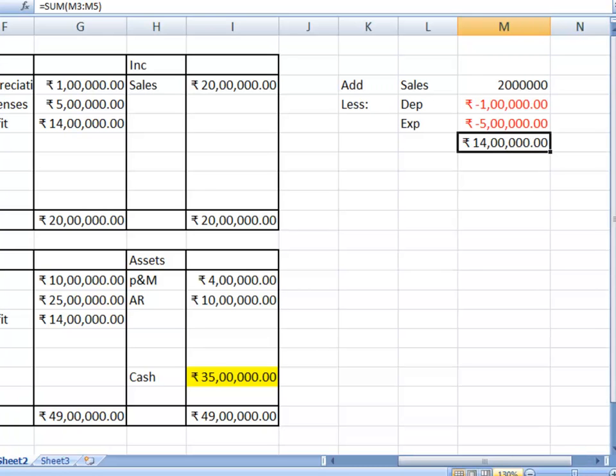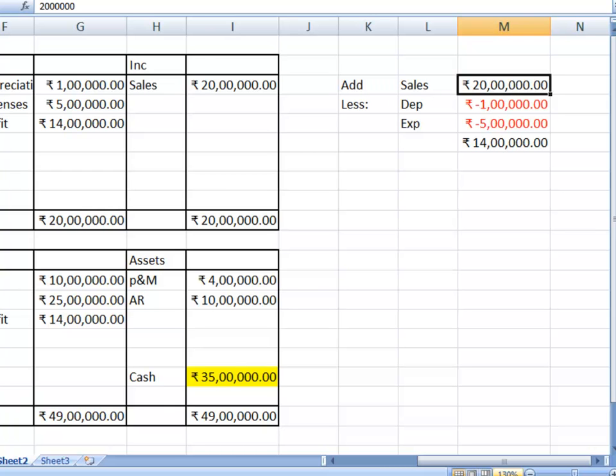Now you're a CFA guy, you start with this number and you're trying to find out what mistakes he's made. So you look at this sales of 20 which has been added, but then you say that the entire 20 should not have been added because the entire 20 was not in cash. So the fact that you've added it, you need to undo the effect. Ideally you should have added only 10, but because 20 is added, you need to minus it.